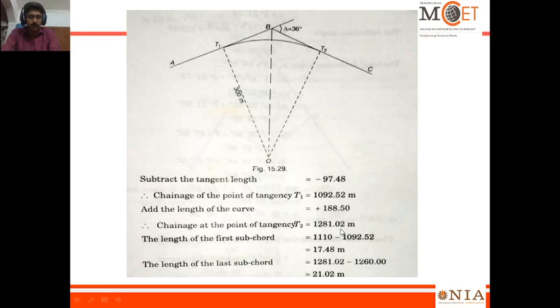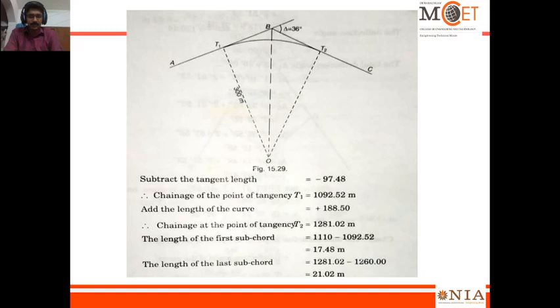1281.02. Now we need to fix the chords in such a way that we are able to determine the deflection angle of each chord. At what angle we have to set the chords, right? That distance we have to fix. The length of the first subchord and the last subchord will be minimum. Since they have given the 30 meter, the subchords must be less than 30 and should not be too small also, right?